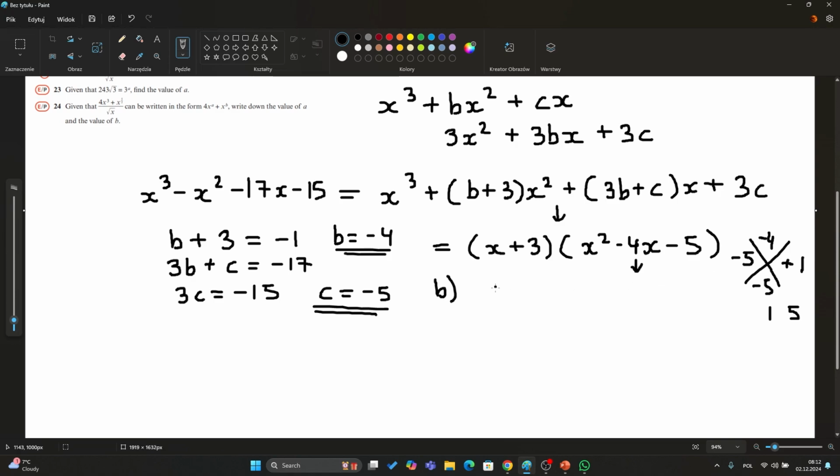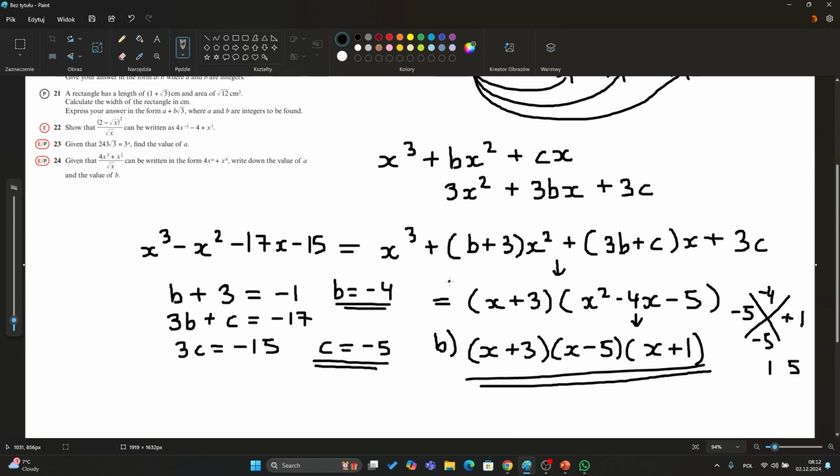So what happens now is that there is x plus 3, x minus 5, and x plus 1, and now this expression is fully factorized.